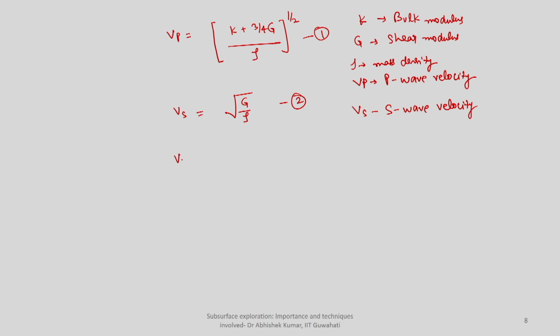Third, Vp by Vs itself can be correlated to the medium. That is how the Vp and Vs ratio of a medium is almost constant, and this is called Poisson's ratio.